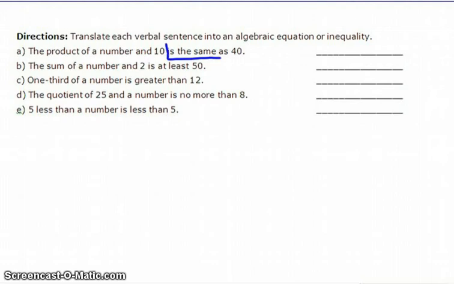That is shows you that this is a symbol. Is the same as means it's an equal sign. Now over here, we're still going to do the same thing we normally did. The product of a number and 10 means we're taking x times 10 is the same as 40. So we have x times 10 equals 40.